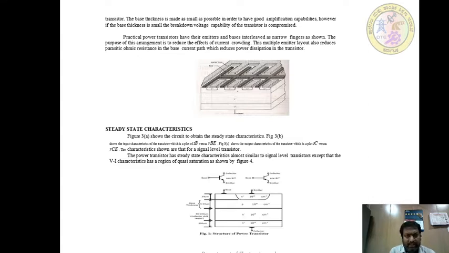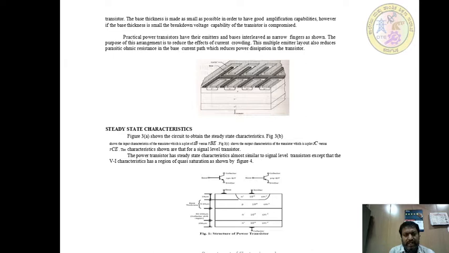However, if the base thickness is small, the breakdown voltage capability of the transistor is compromised. Practically, power transistors have their emitter and base interleaved as narrow fingers, as shown in the figure. The purpose of this arrangement is to reduce the effect of current crowding. The multiple emitter layers also reduce the parasitic ohmic resistance in the base current path, which reduces the power dissipation in the transistor.